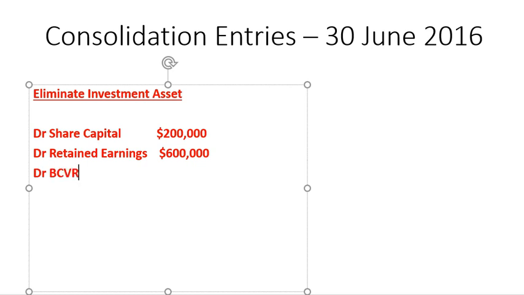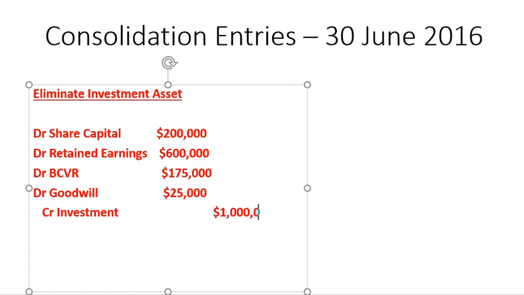Then we debit the BCVR by $175,000. So I'll explain at the end of this video why we need to eliminate the BCVR. So we debit goodwill by $25,000, and then we credit our investment asset by $1 million.